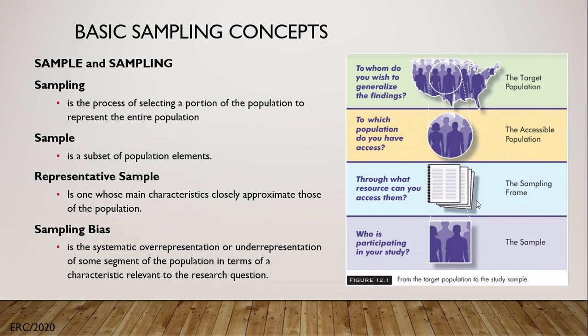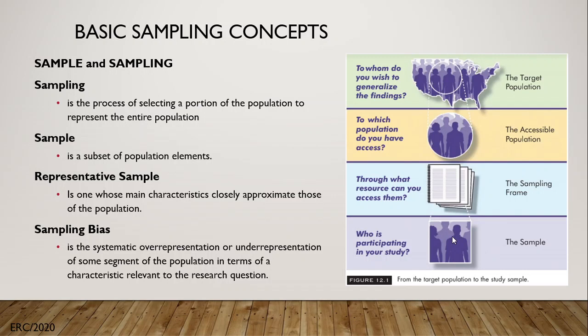Okay, in nursing research, the elements or the basic units are usually the humans. Okay, researchers work with samples rather than with population because it is more economical and practical to do so. Okay, so a representative sample is the one whose main characteristics closely approximate those of the population.